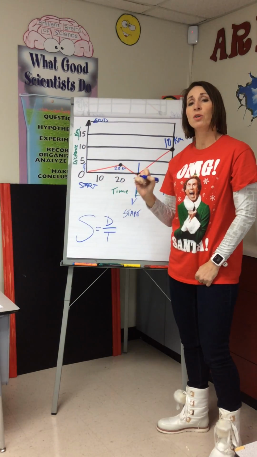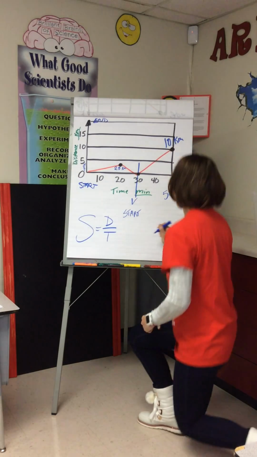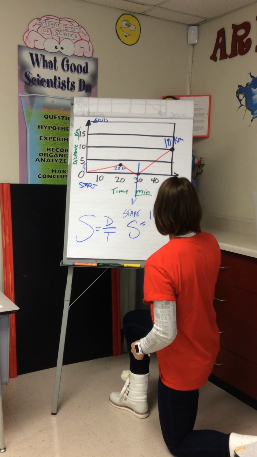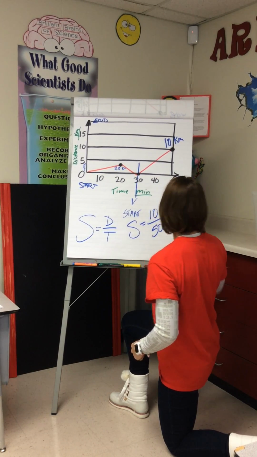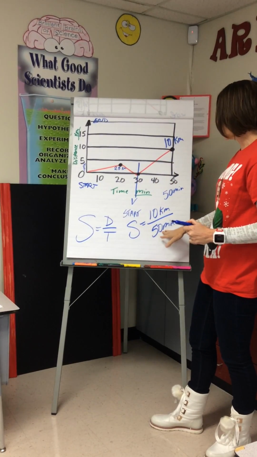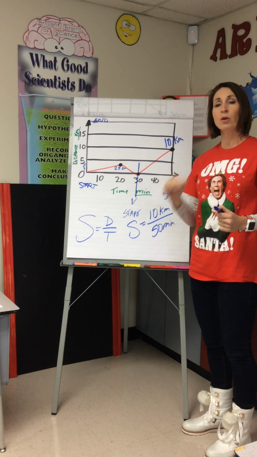Make sure you're plugging in your numbers. As I check your work, you are plugging in your numbers, you're doing everything right, and you're dividing wrong. Speed equals 10 kilometers divided by 50 minutes. Here's what I'm seeing: you divide 50 divided by 10. That's what I saw all day yesterday.